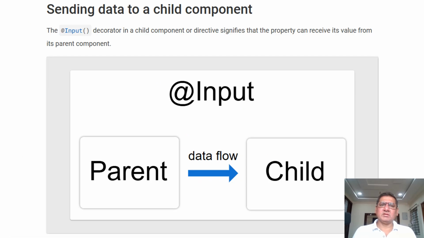Here we can see the data relation between parent and child while navigating the UI: how you pass data from parent to child and child to parent. I'm not going to provide the complete implementation, but frequently we face this type of question: how can you configure parent to child and child to parent?